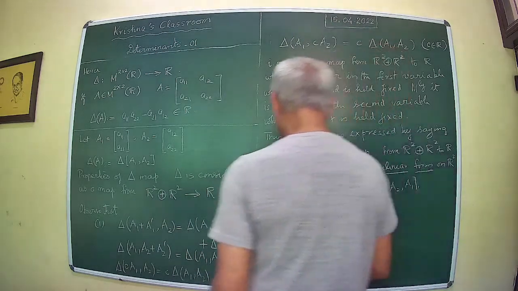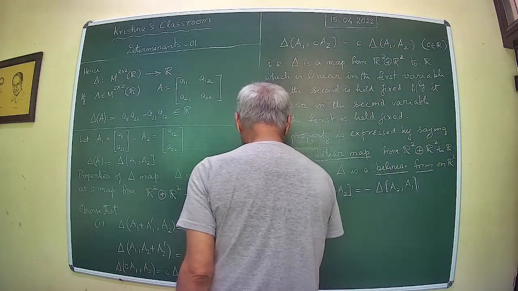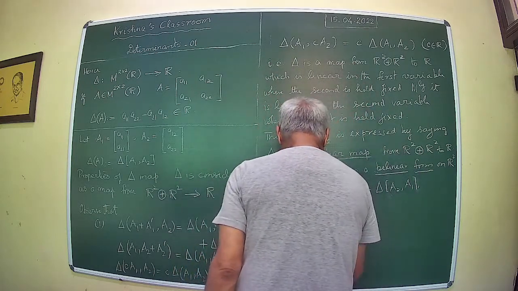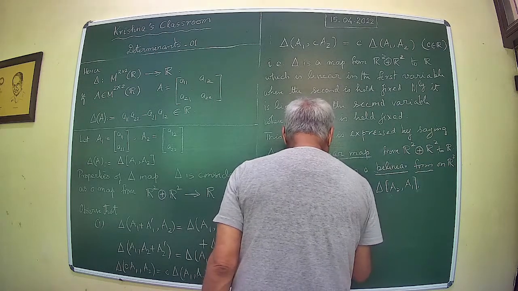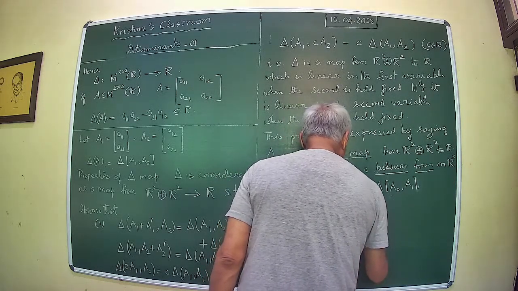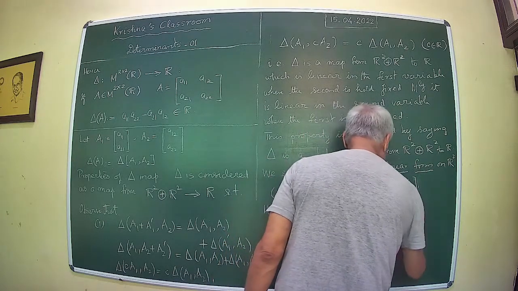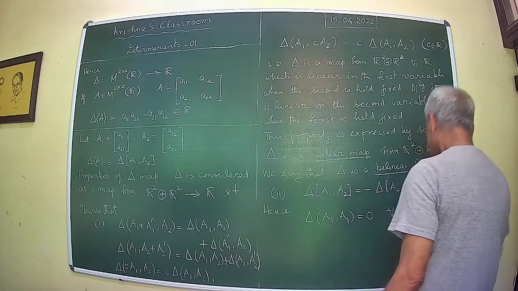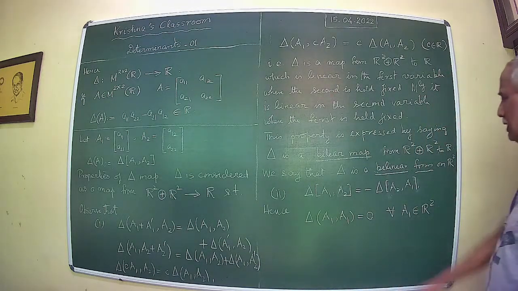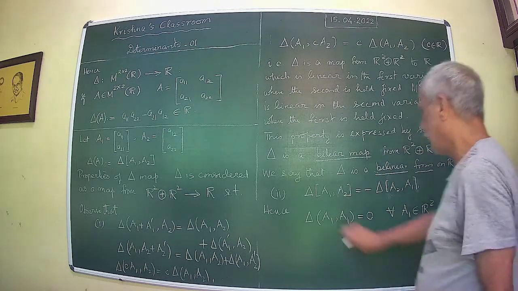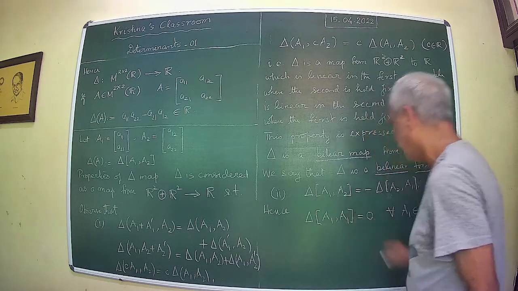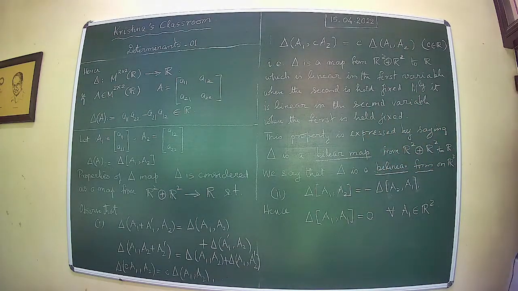And a consequence of this, hence delta of A1, A1 is easy to prove, because delta of A1, A1 is equal to minus delta of A1, A1, and that is possible only if delta of A1, A1 is equal to 0.